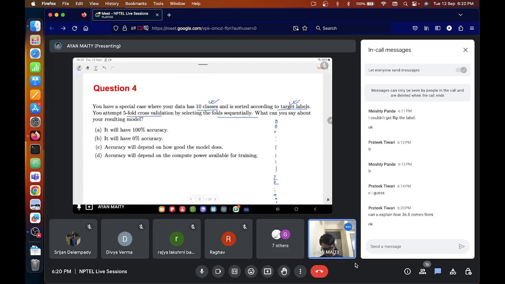And also consider that the number of examples for each class is same, and you attempt 5-fold cross validation and selecting folds sequentially. So what can you say about the resulting model? It will have 100% accuracy, 0% accuracy. Accuracy depends on how good the model does, and accuracy will depend on the computing power available for training.